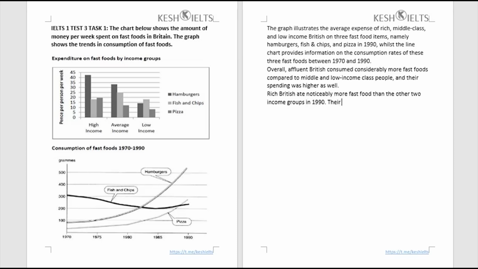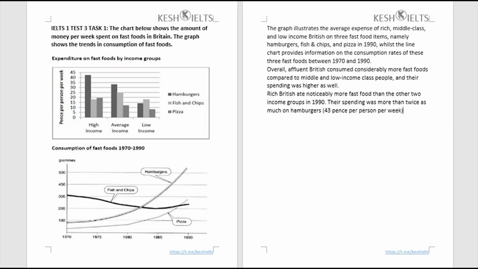Their spending was more than twice as much on hamburgers. Sorry about that, I made mistakes. Hamburgers. So it's like around 43 pence per person per week, right?